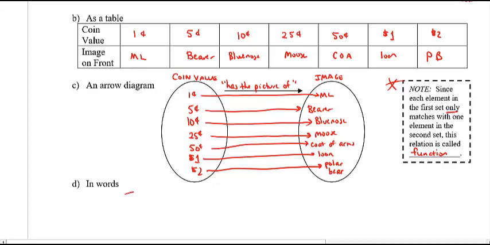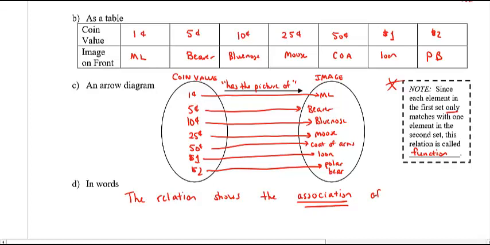All right? And in words, what do we actually just do with these previous examples? Well, we're showing a relationship. So I'll say the relation shows the association. Okay, the key thing is the association, right?